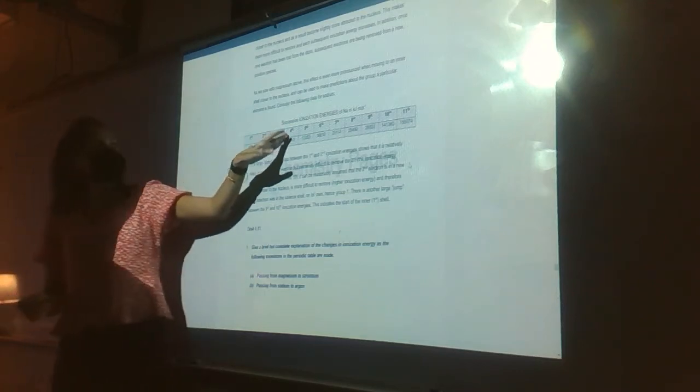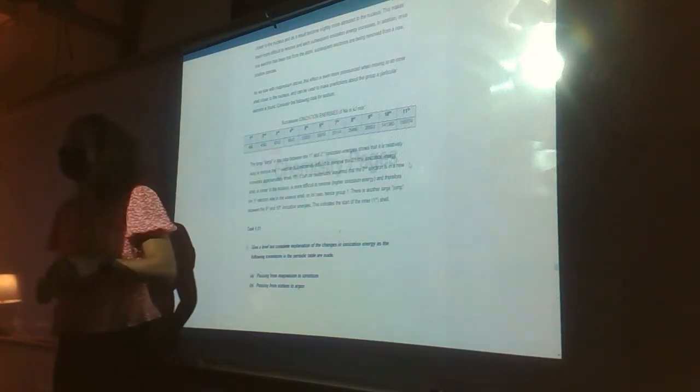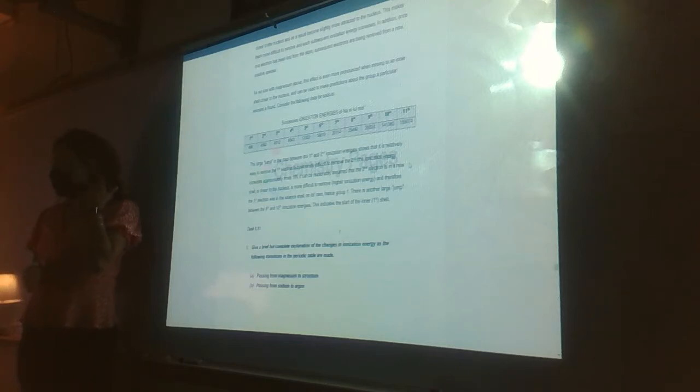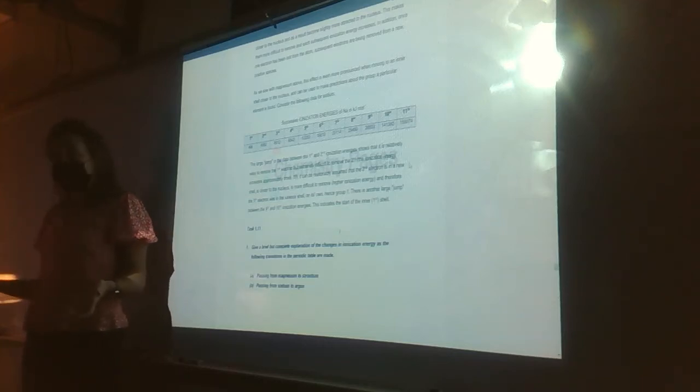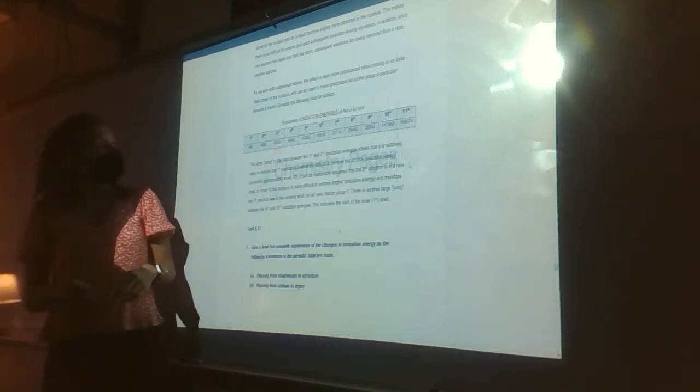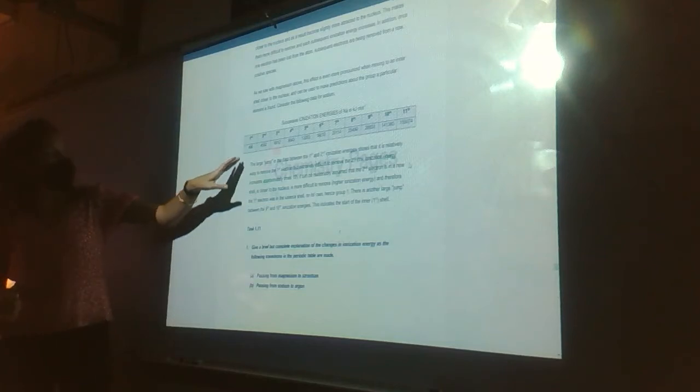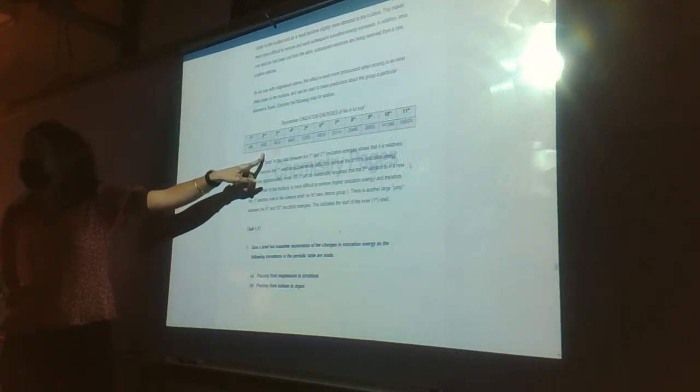These are successive ionization energies for sodium. And on the test, they're not going to tell you which element it is. They're going to have you figure out which element it could be or what group it could be in. But if we look at these ionization energies, we have 496 is my first ionization energy. My second one is 4562.